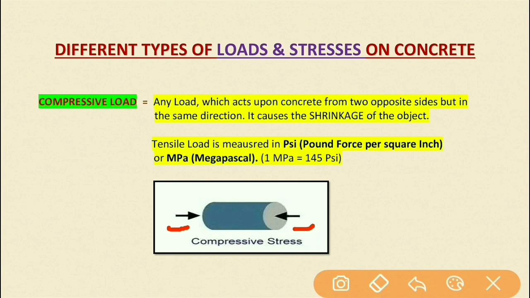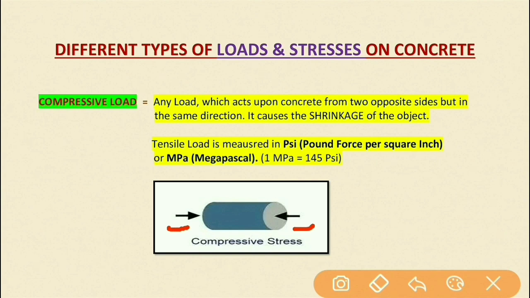This causes shrinkage of the object. As the two forces move towards each other, the object will shrink. This is known as shrinkage, and this force is called compressive stress, compressive load.